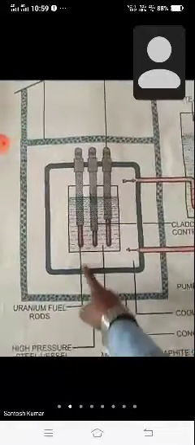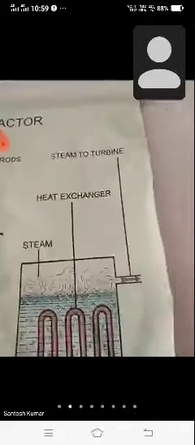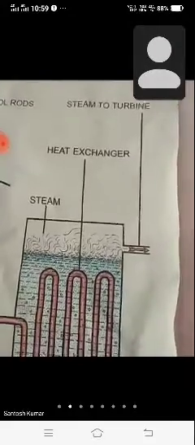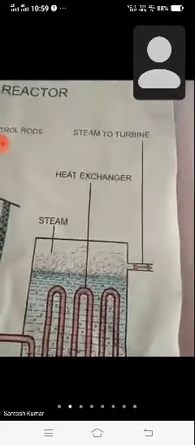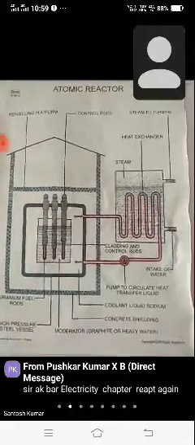You can see how the heat, here, this is the uranium which is used as fuel, and the steam produced goes to the turbine, and that turbine rotates by the action of this steam. When the turbine rotates, you all know, the generator will move and electricity will be produced.